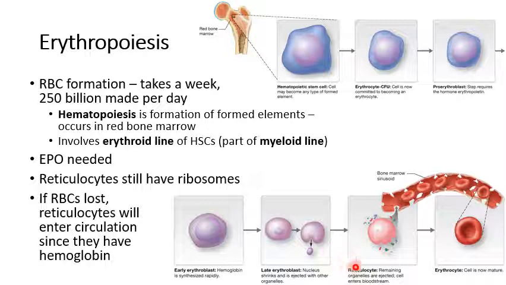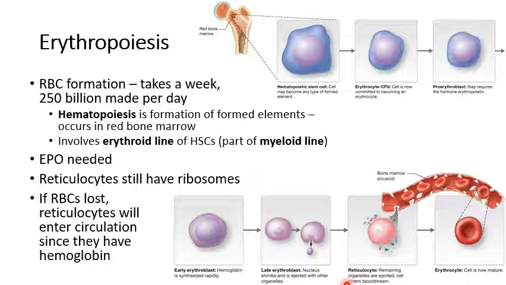So your erythropoiesis is going to go into overdrive, and you're going to be making a lot of reticulocytes. And so you're going to end up having more of them than normal enter the blood. So when you take a blood sample and you count the types of red blood cells that are in that and how much of each type you have, that's called a complete blood count, you'll find that you have a higher than normal amount of reticulocytes. So anytime you see higher than normal reticulocytes on the complete blood count, that's a sign that the person may have lost blood recently.